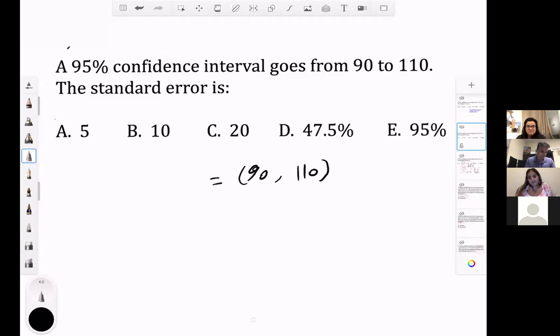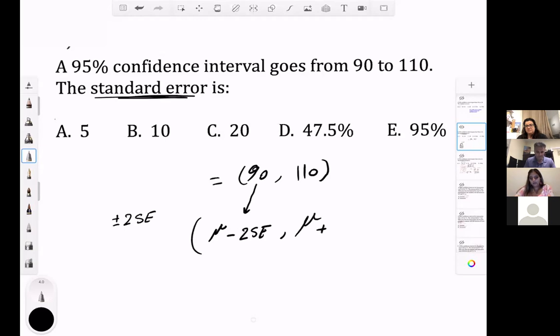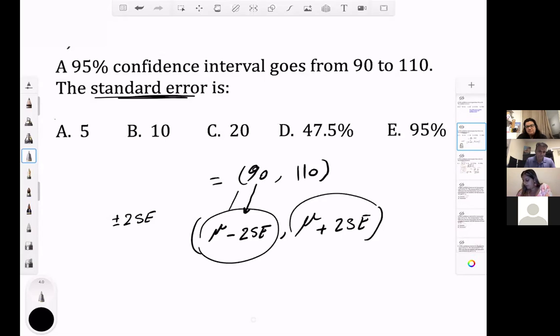The confidence interval is the parameter plus or minus 2 standard errors. So mu minus 2 SE, mu plus 2 SE. Mu minus 2 SE will be 90, mu plus 2 SE will be 110.